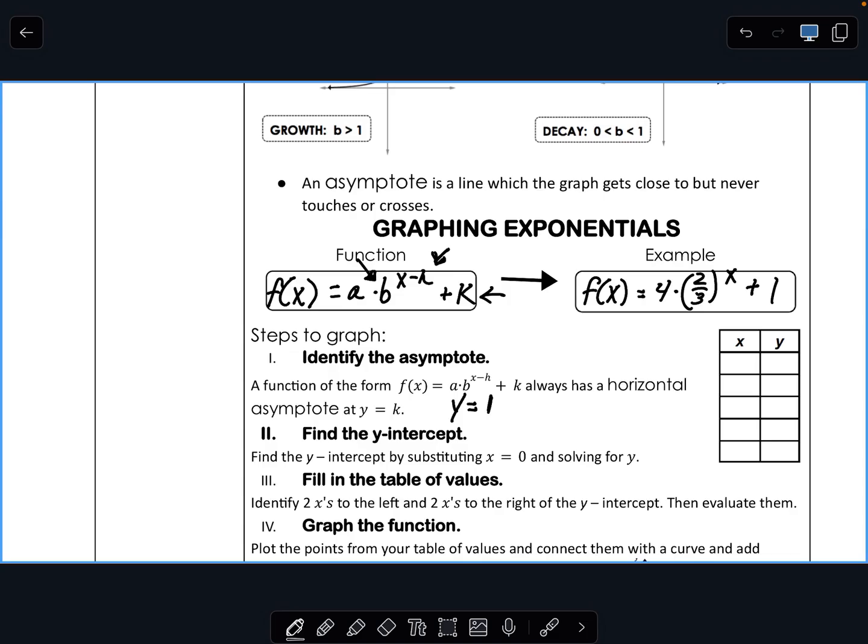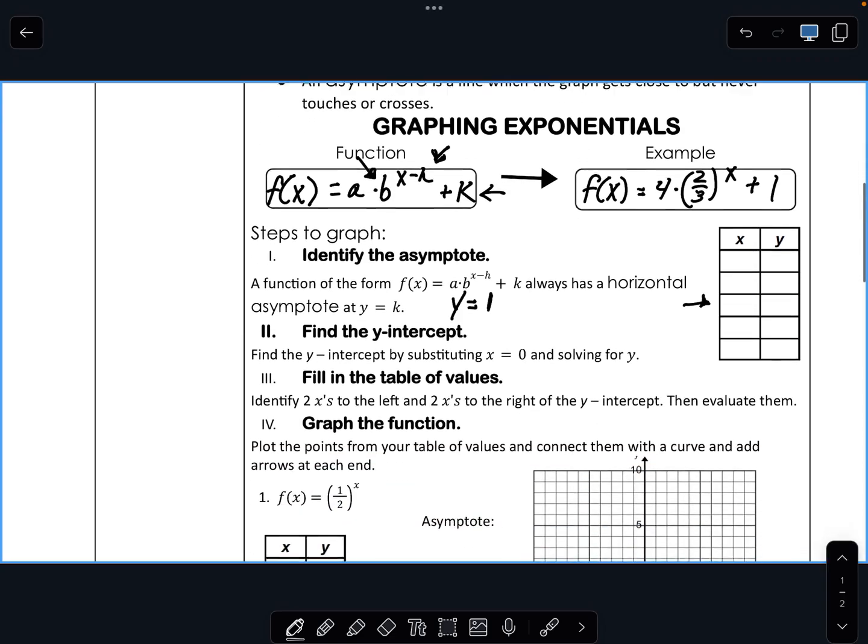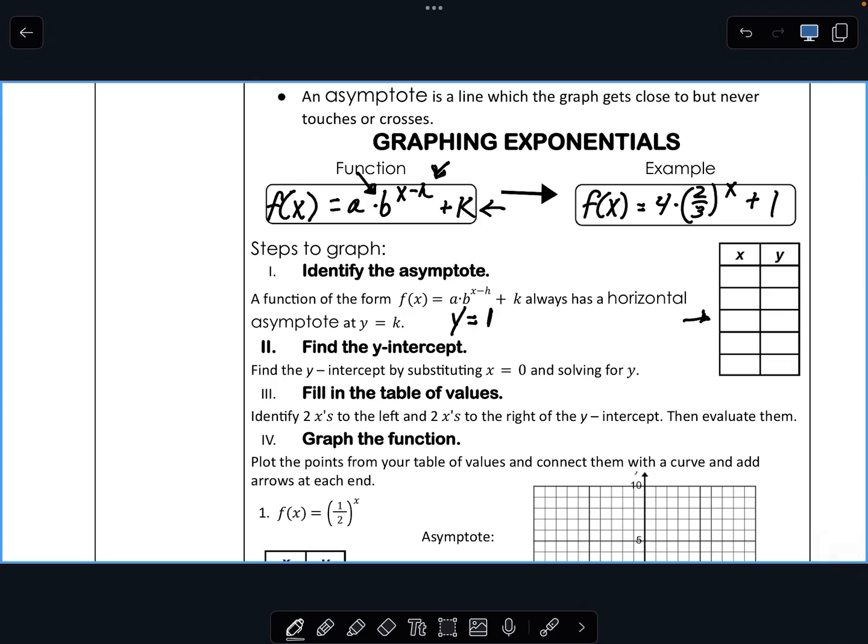So you're going to start your table here in the center with your y-intercept. Instead of a vertex, you're going to figure out your y-intercept. So how do you figure out a y-intercept? It's exactly the same way we learned it before. You're going to replace x with 0 and solve for y.